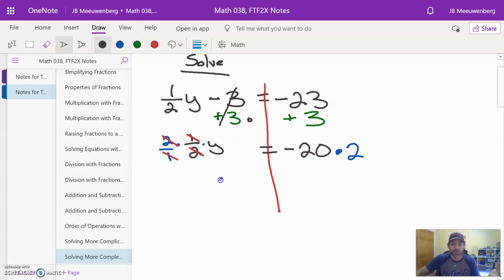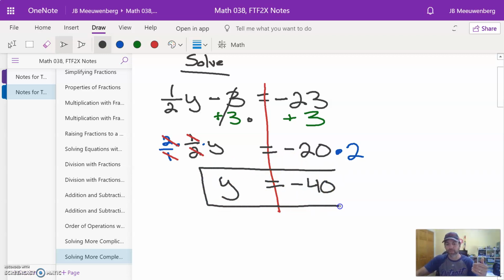So what do we end up with? y is now isolated by itself, equals -40. -20 times 2 is -40. And we could always plug that back into the equation: -40, what's half of -40? -20. Subtract 3, you get -23. So that is a true statement.